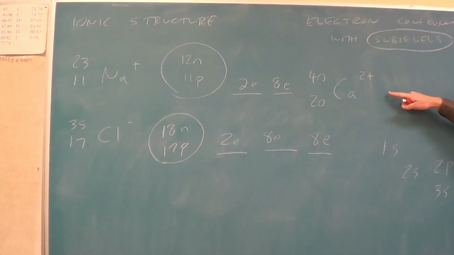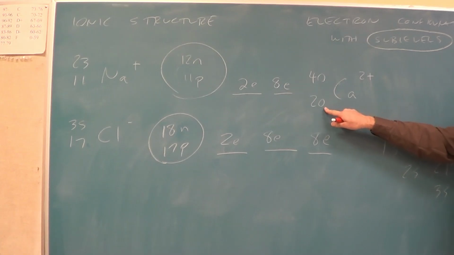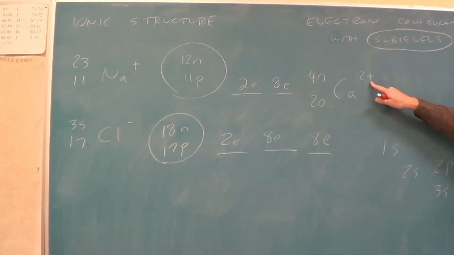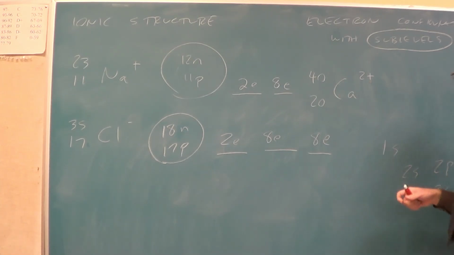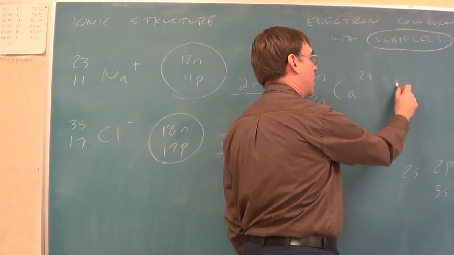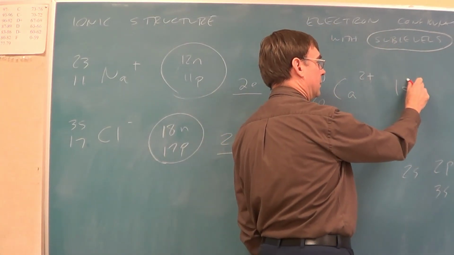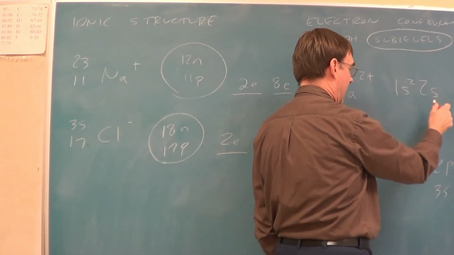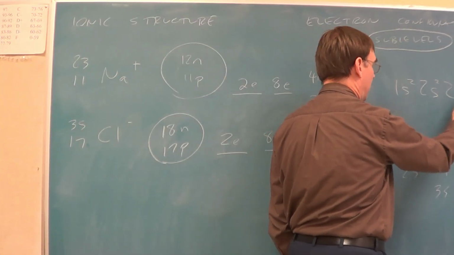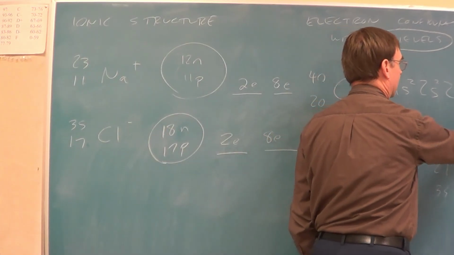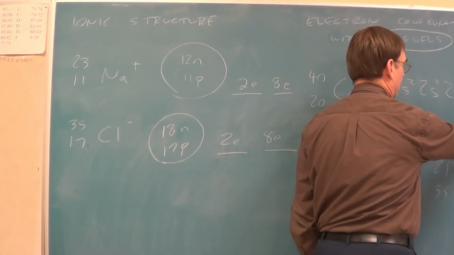But how many electrons in this? 18. Because there's normally 20, but we lost 2. So we're gonna have to go 18 electrons worth. So 1s, 2, 2s, 2, 2p, 6, 3s, 2, let's do a count.